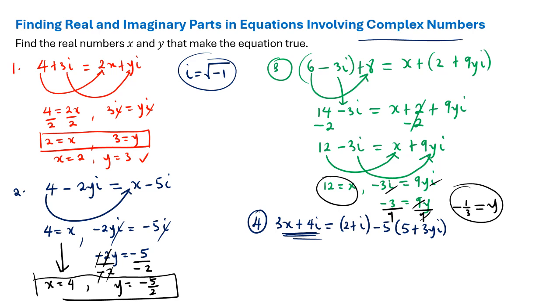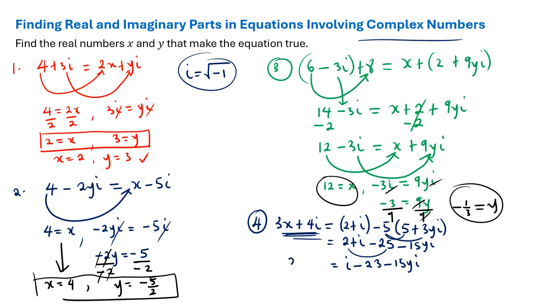So here I get 2 plus i, then I'm going to distribute to get negative 25. Then I distribute again to get negative 15yi. Again, I can combine 2 and negative 25, and that gives i minus 23 minus 15yi.